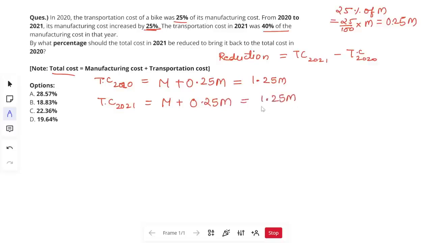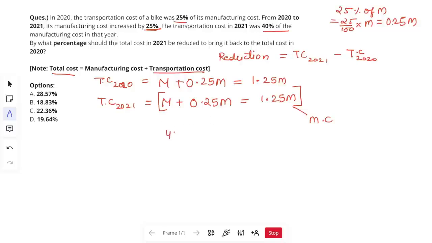Next, this is not the total cost. This is the manufacturing cost. Just understand, this much is manufacturing cost. In order to find the total cost, we need to add transportation cost also, right? Because we have seen that. Now let's add transportation cost. Transportation cost is 40% of the manufacturing cost.